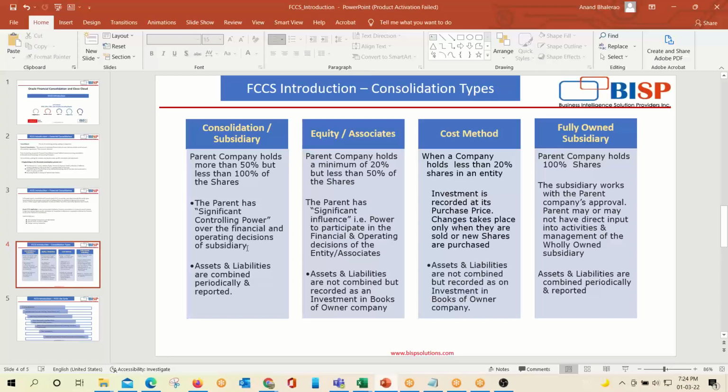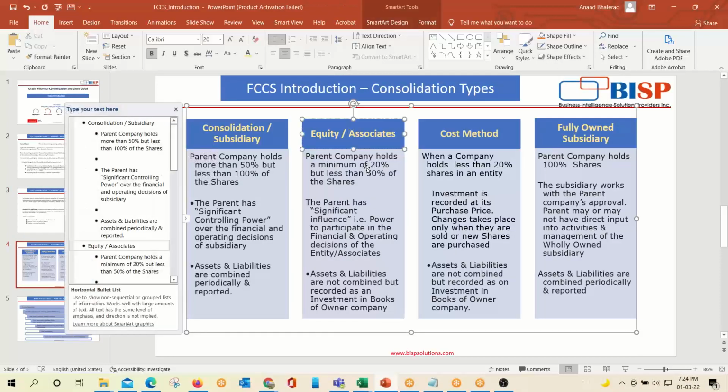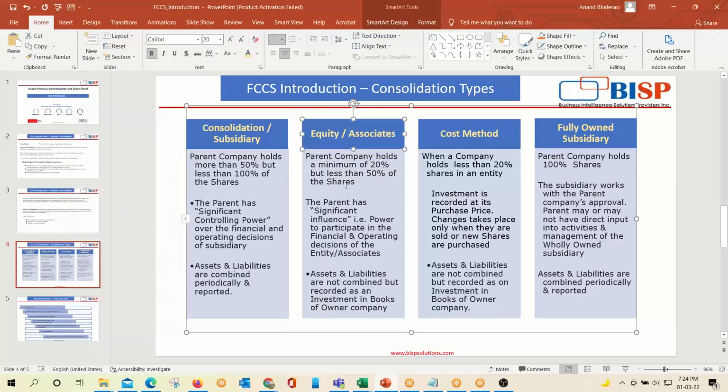Similarly, the other method is the equity method, or associate method, wherein the parent company holds a minimum of 20% but less than 50% of the shares of an entity, and the parent has significant influence, that is, power to participate in the financial and operating decisions of the associate.